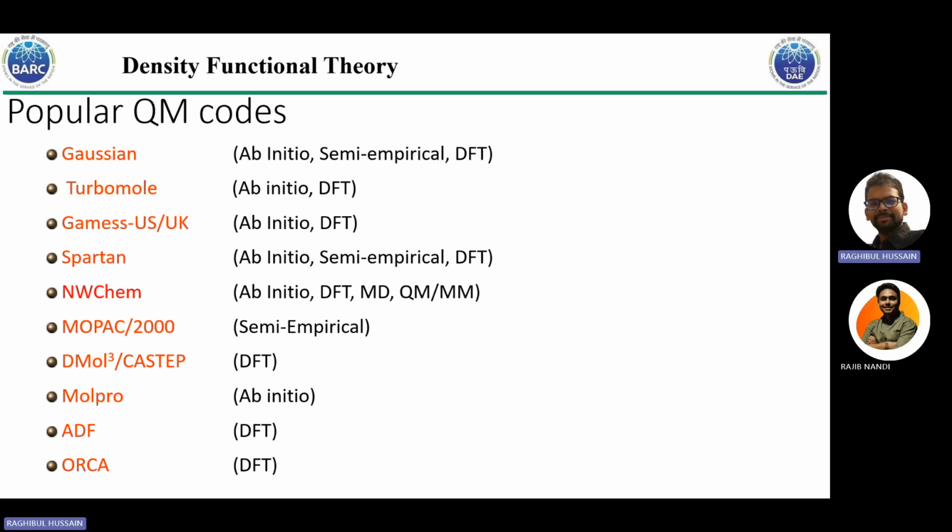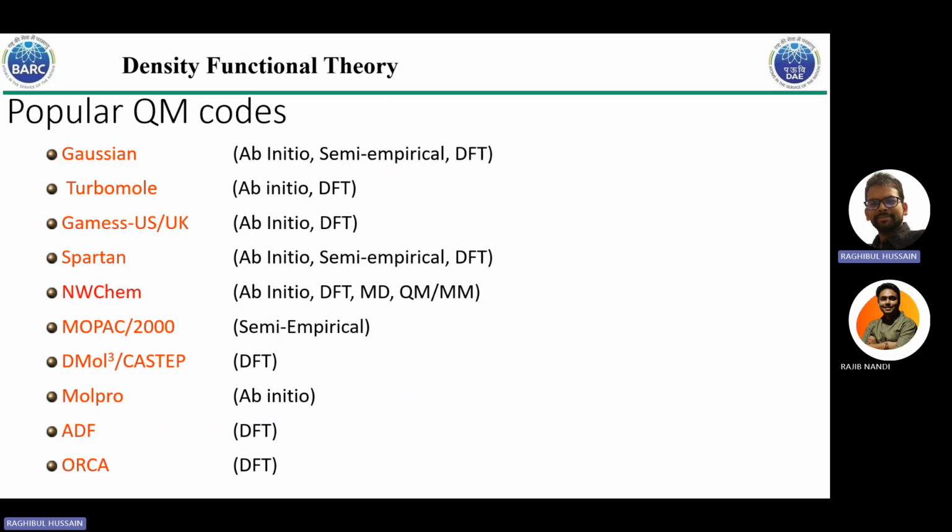Now I think many people know these codes. Mostly people are using Gaussian here. GAMESS-US may also be used, as it is free software. Some are paid software. I think Demon is a commercial software.